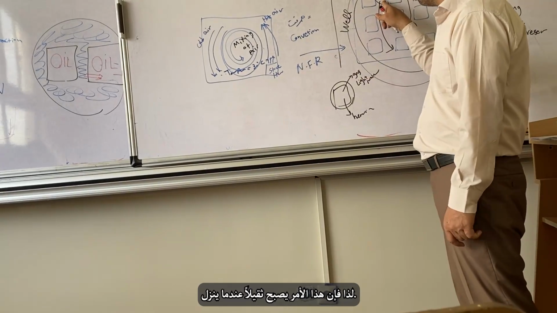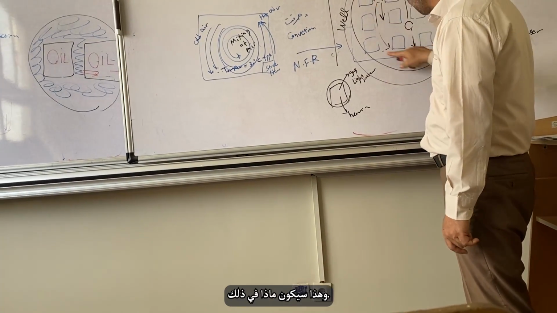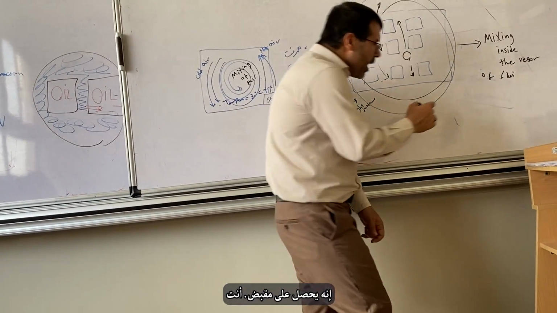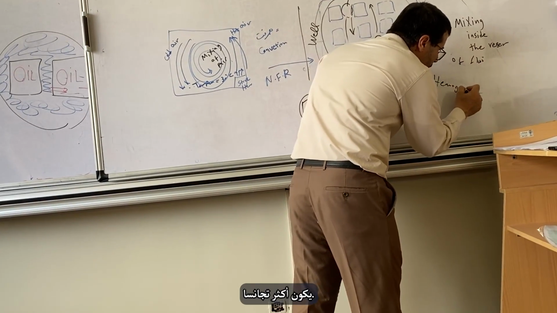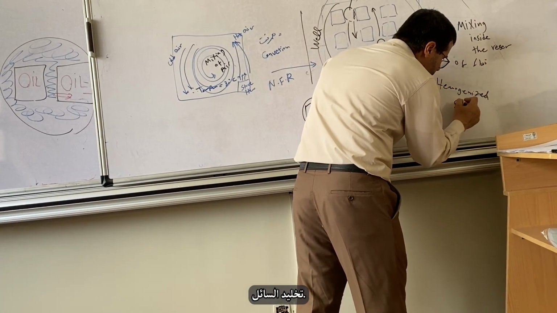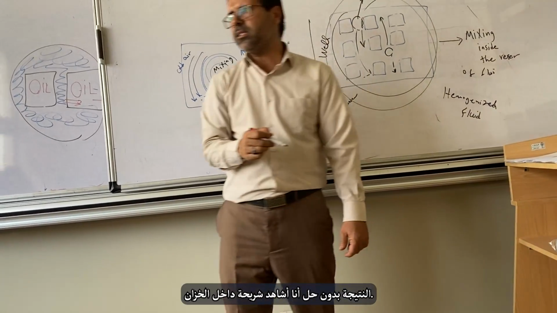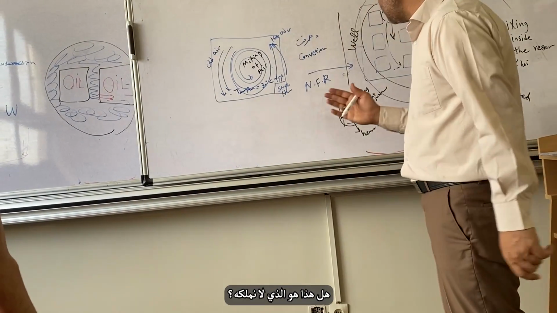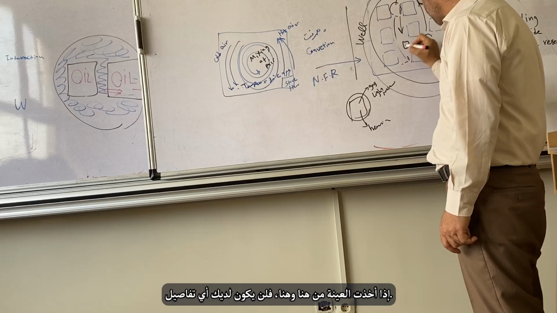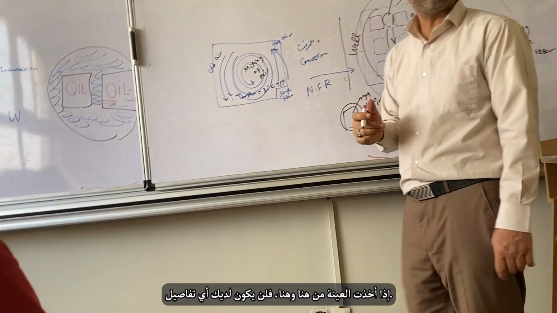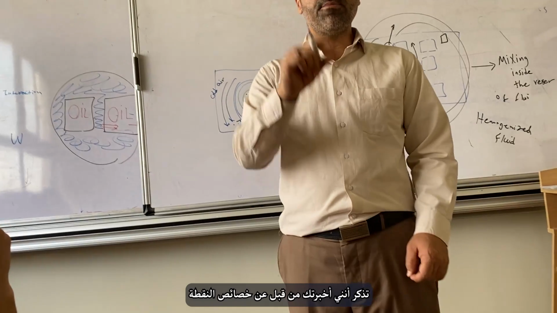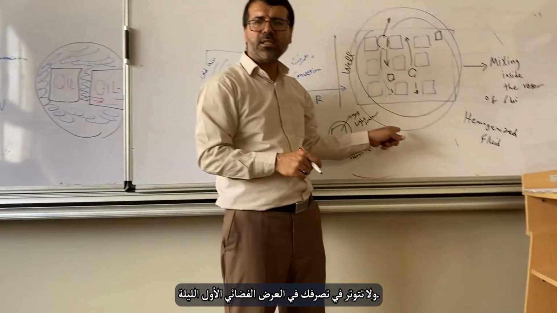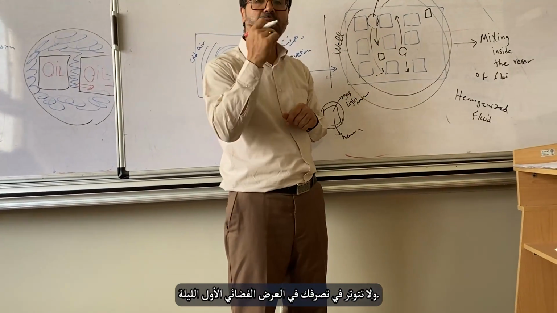The heavier one comes down and the lighter goes up, and this continues. So what is the result? You get a homogeneous fluid inside the reservoir. When you have a homogeneous fluid, if you take a sample from here and here, you don't have any difference. Remember I told you before, the properties of the oil don't have any difference between the top of the reservoir and the bottom of the reservoir. This was in the first section, the first presentation that I did.